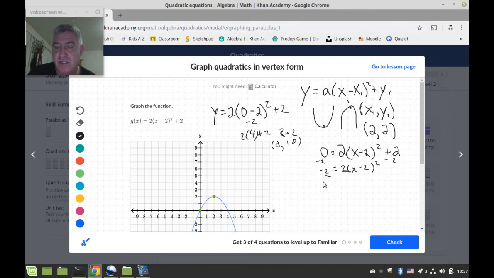I'm going to divide by 2 on both sides, and I'm going to have negative 1 is equal to x minus 2 squared, and then I'm going to take the square root of both sides, and I'm in a pickle again, and I can't do that. Why? Because it opens up, and so there is no zero. So we can't find x either.